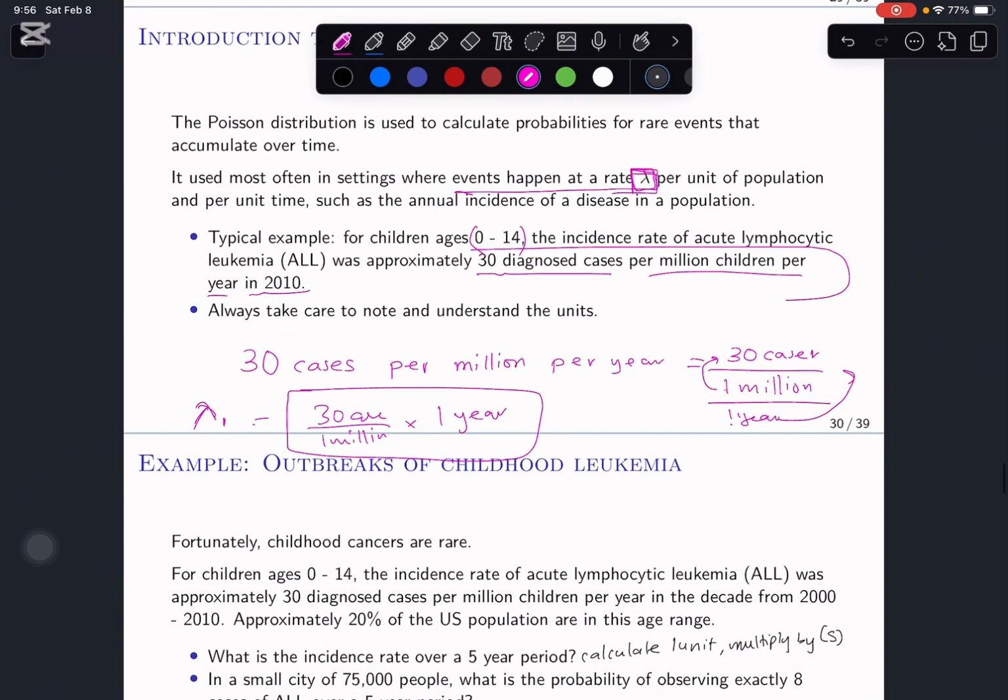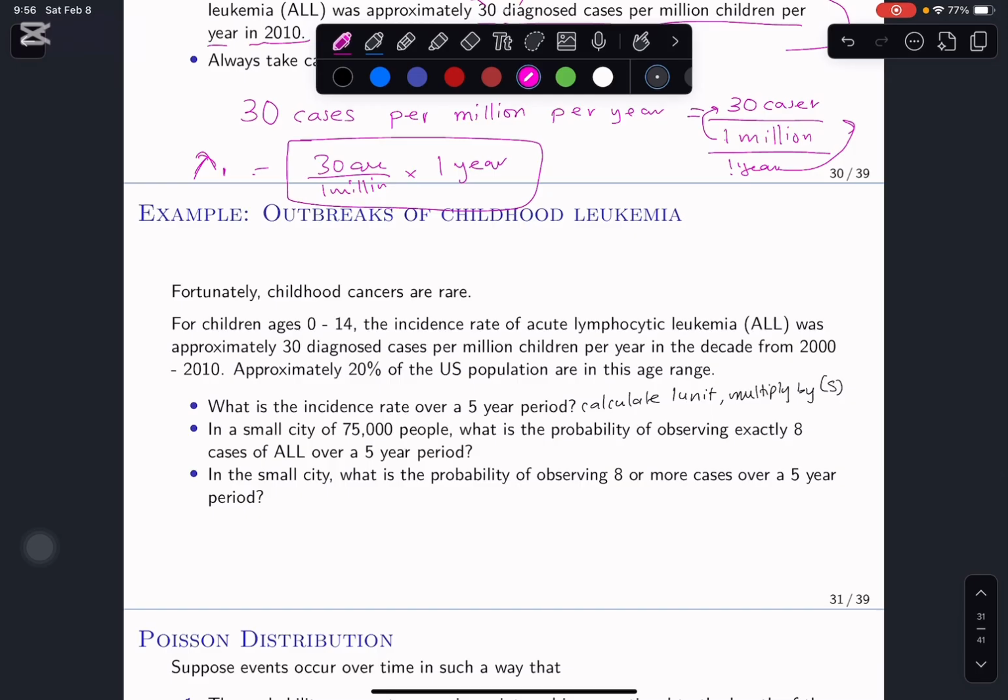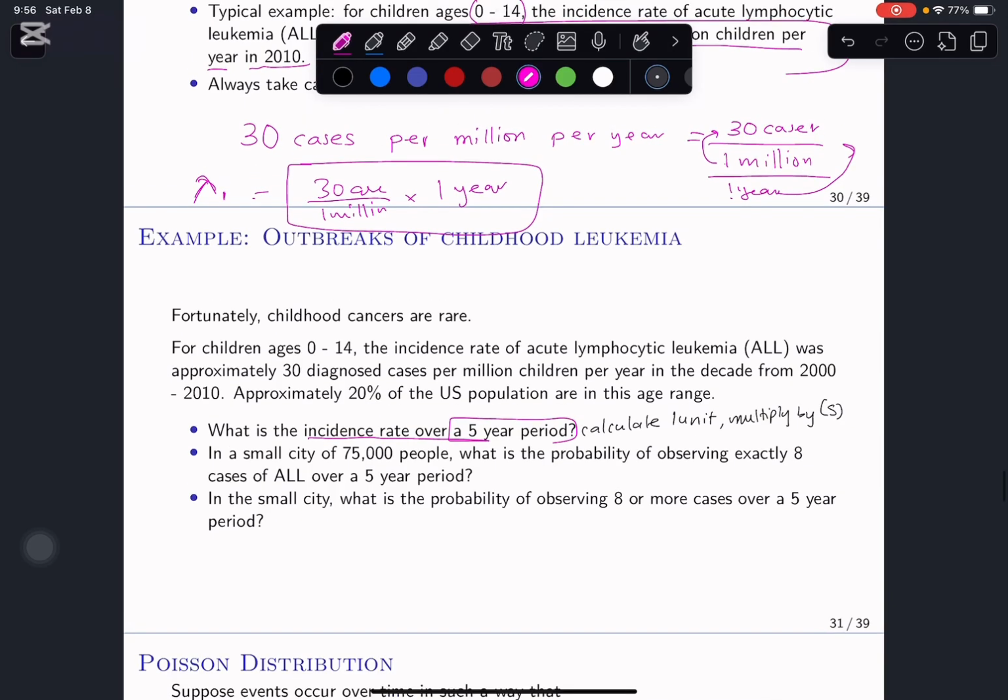Alright, the first question asks what is the incidence rate over a 5-year period. What did we do just now? We said lambda of 1 equals 30 cases over 1 million per 1 year. I mean 1 over 5 years. What you're gonna do is just replace the 1 with 5.